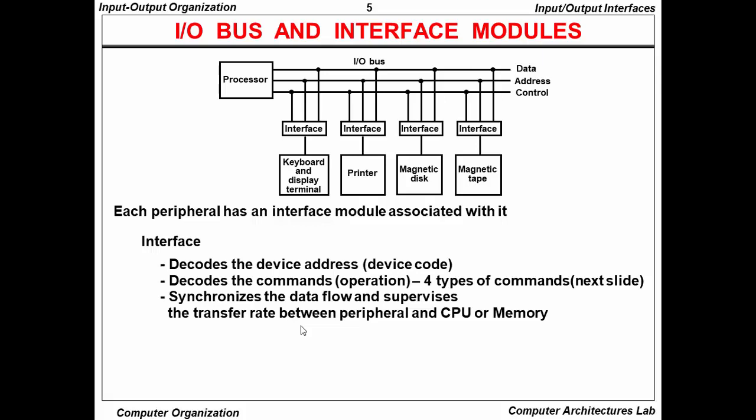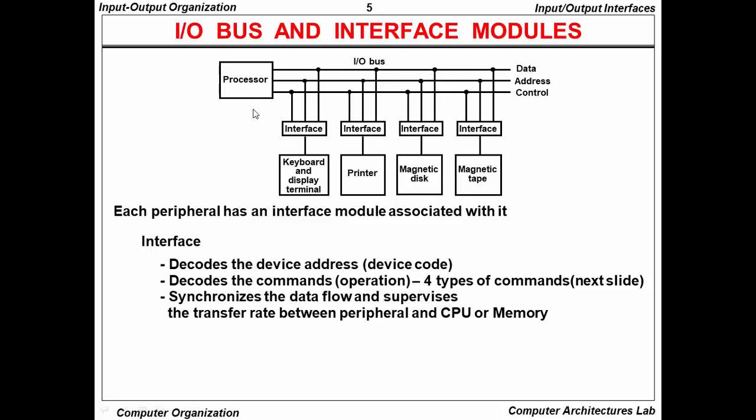Let's say this is a figure. This diagram shows the basic structure of how the processor is connected with different peripheral devices. In this case we have a processor. The processor commonly has an I/O bus and memory buses, right?